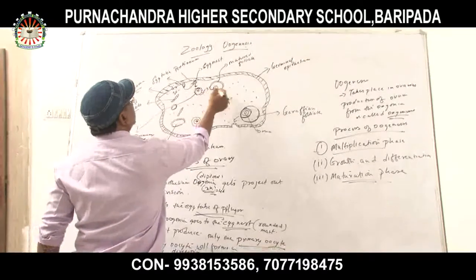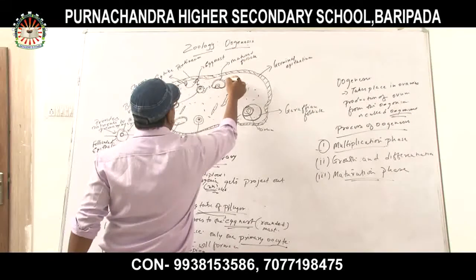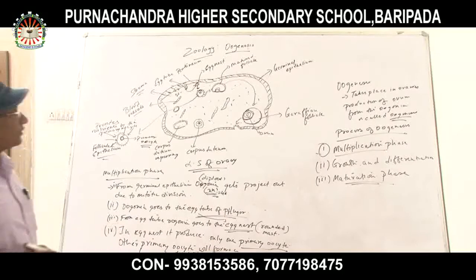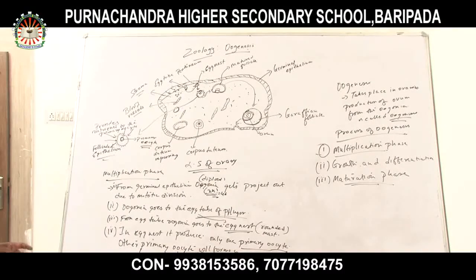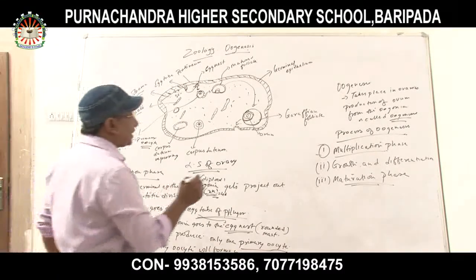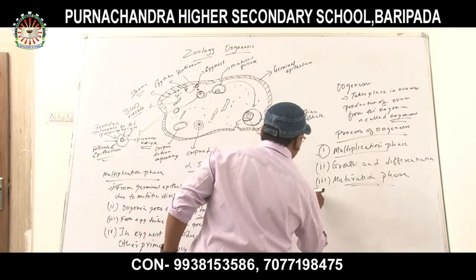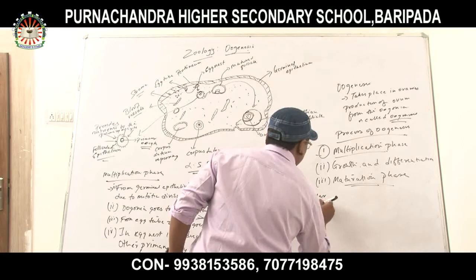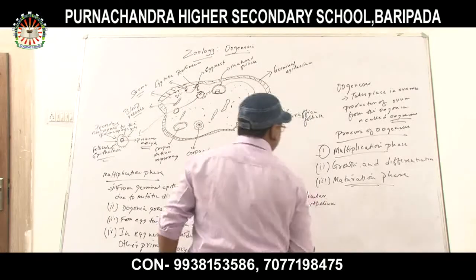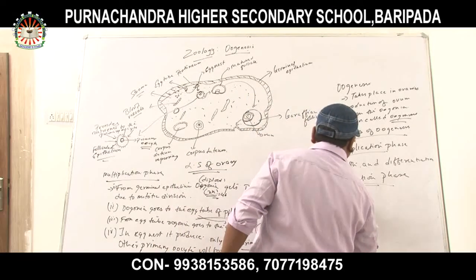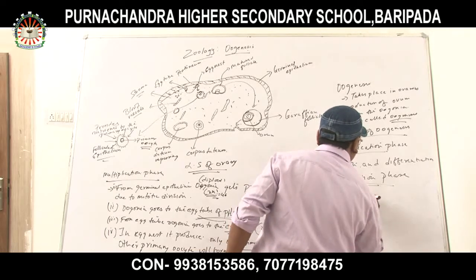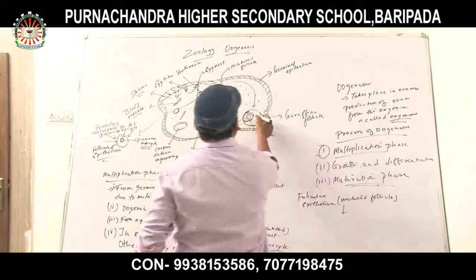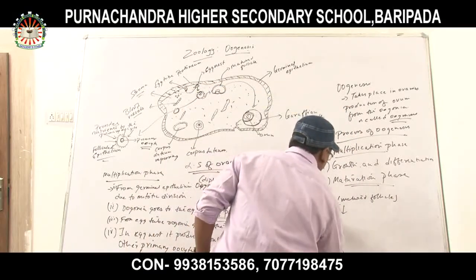The matured follicle will now produce the Graafian follicle.